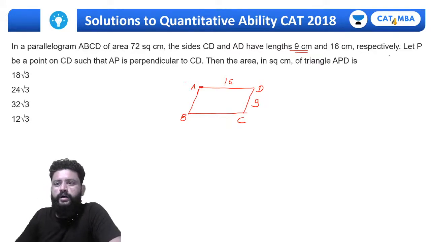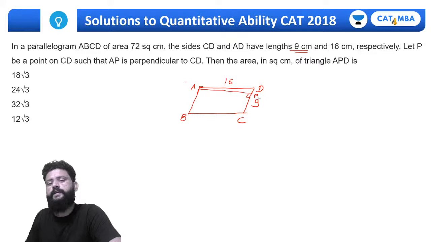Then we know, let P be the point on CD such that AP is perpendicular to CD. So I draw the perpendicular from here. This is P and AP is perpendicular to CD.